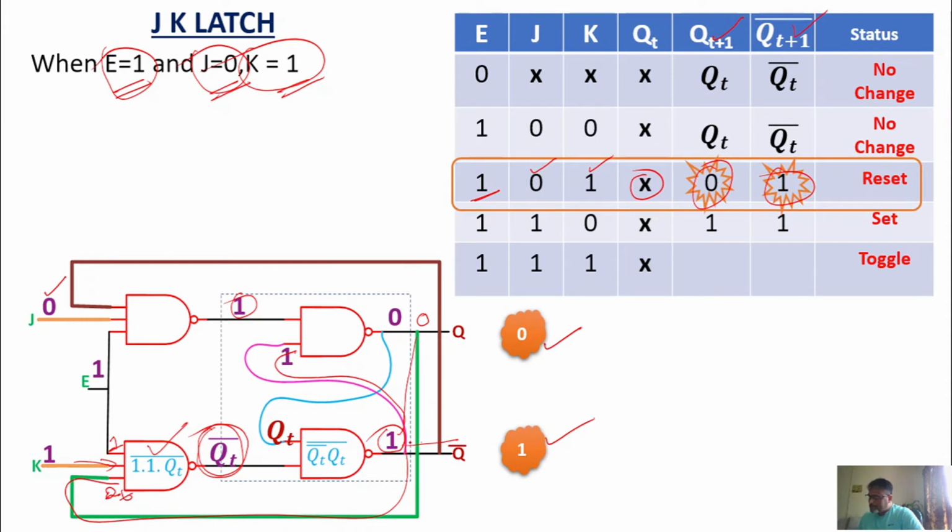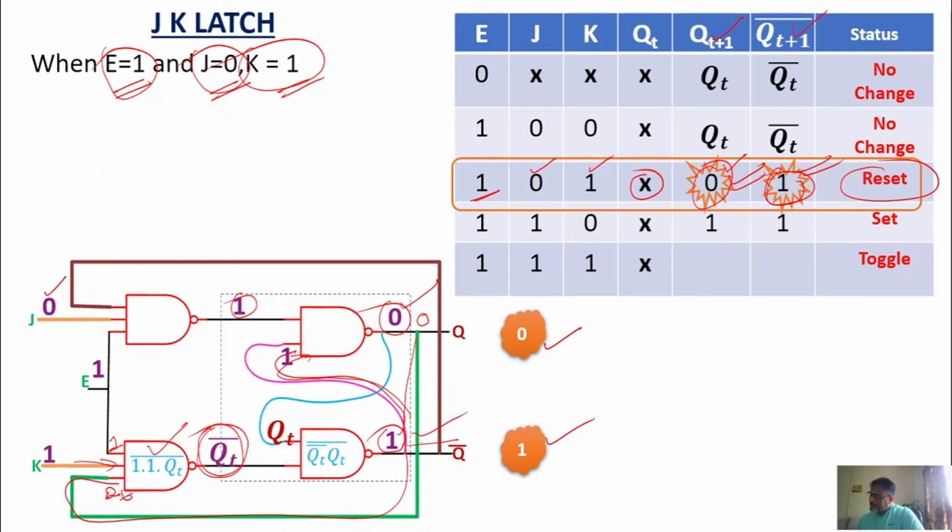That will be propagated here, and here already 1 is there. 1, 1, its NAND operation is going to be 0. So QT plus 1 will be 0, QT plus 1 bar will come as 1. And this is the result. This is called reset. Why is it called reset? Because your QT plus 1 is becoming 0, QT plus 1 bar is becoming 1.